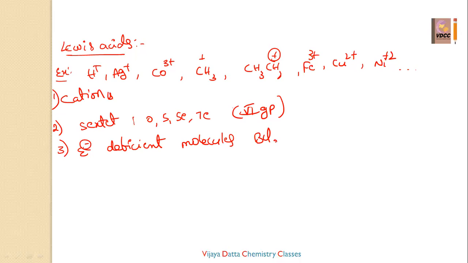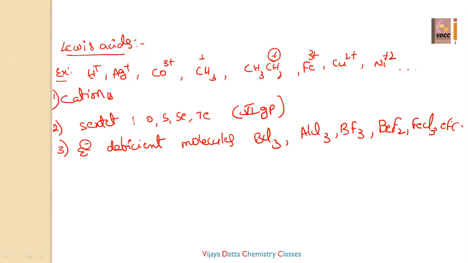An example is BCl3. Just now I discussed BH3. Like that, AlCl3 and BF3, BeF2, beryllium fluoride, FeCl3, etc. These are electron deficient. So we can call these types of Lewis acids.